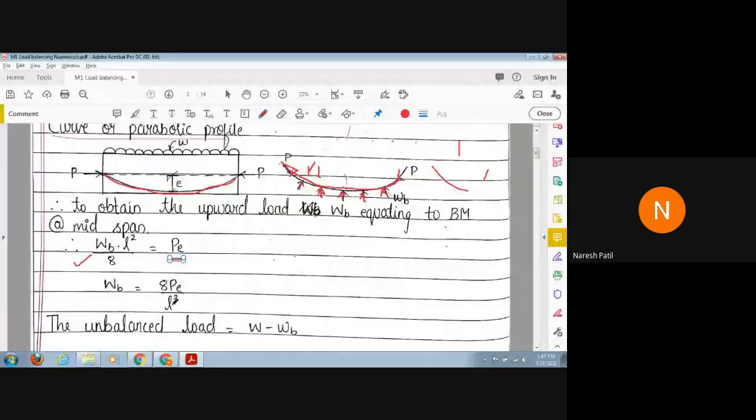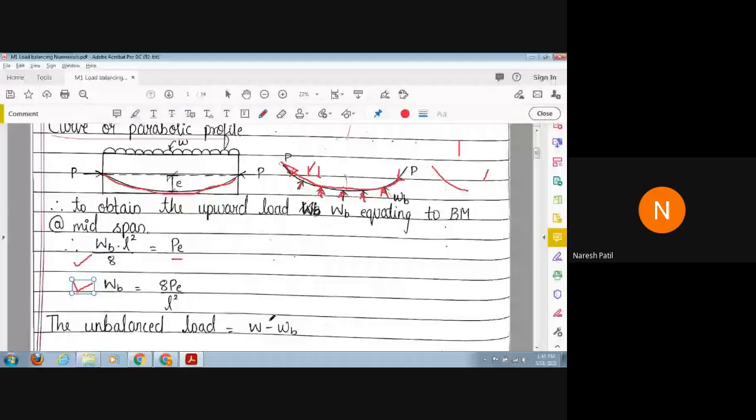Therefore, the balanced load is Wb, which is balanced by the cable profile. So the final unbalanced load is W minus Wb, where W is the external load and Wb is the balanced load. So we'll get the total unbalanced load acting on the section.